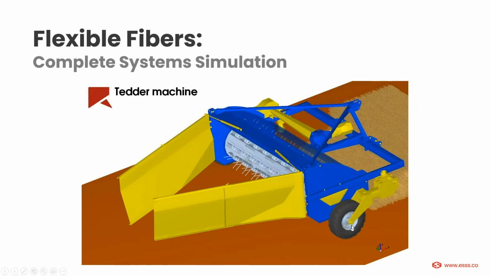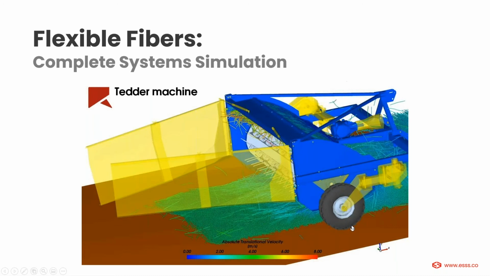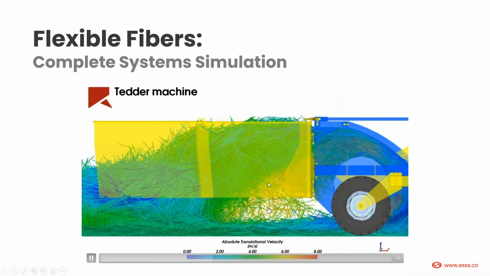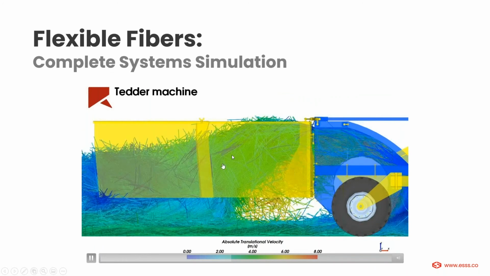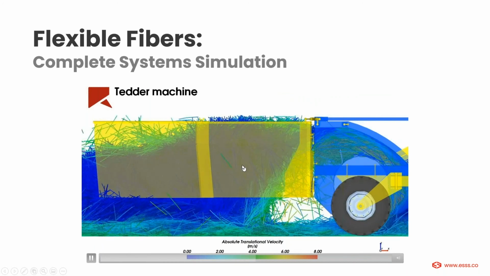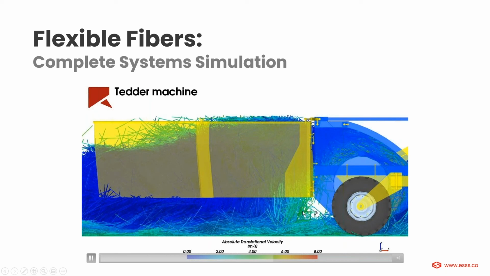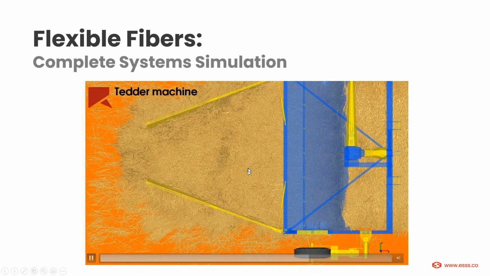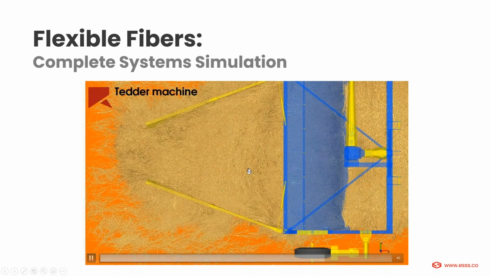One of Rocky's features is also the ability to deal with flexible particles. And here I am showcasing an example of flexible fibers. So this is a tether machine, and the hay particles, as you can see, are actually modeled as hay and not as a set of spheres.